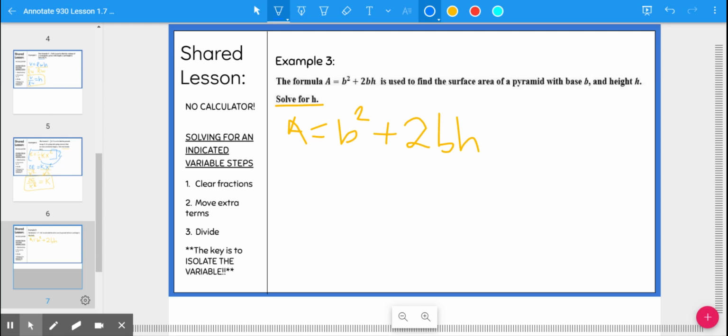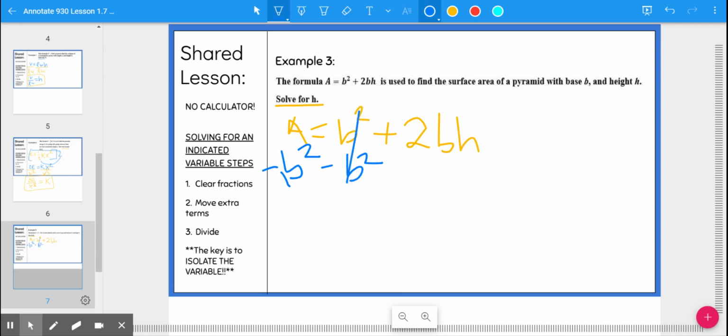Now, that B squared is being added to 2BH. So the first thing I'm going to do here is I'm going to subtract B squared to the other side, just like you would a normal equation when you're solving for x. You always add or subtract first and then divide after.